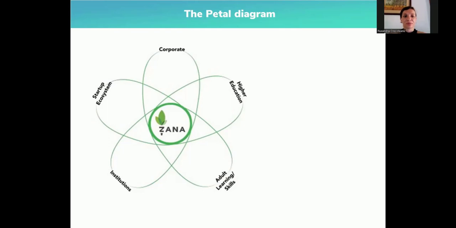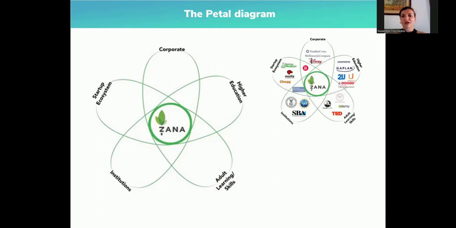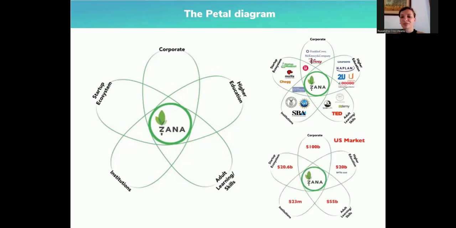For example, corporate, higher education, adult learning skills institutions, and startup ecosystem. And for each one of them, they have put relevant key players that are known in the segment of education. And they also put how much venture capitalists have invested in these companies, so that they also show the potential market size of the companies.